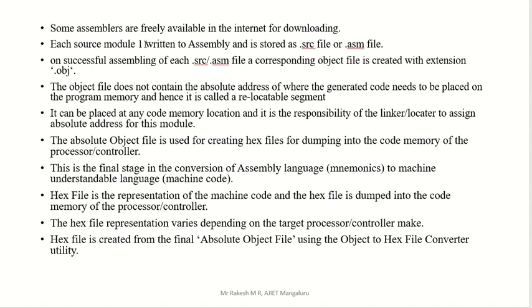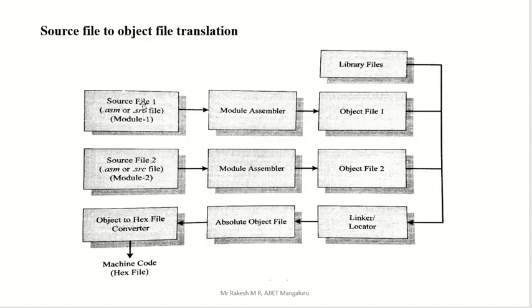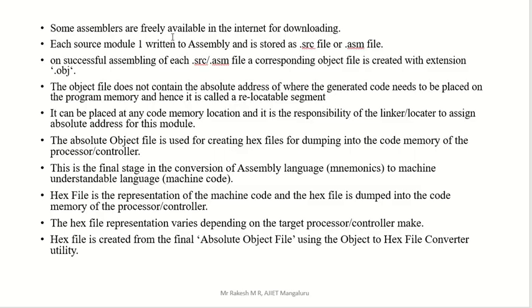Each source module, that is, module 1 in the previous diagram where we have the source, is a source file written in assembly and stored as .src or .asm. So normally, if you are writing in assembly level language, it is represented as .asm, but generally they tell us the source file is .src.